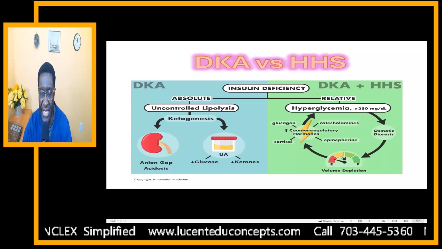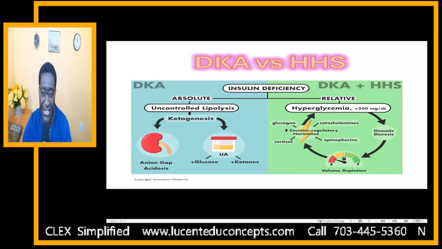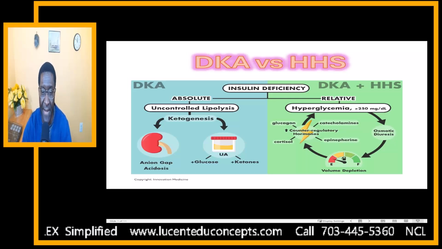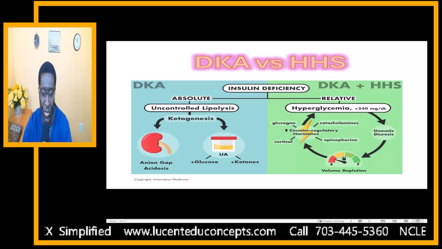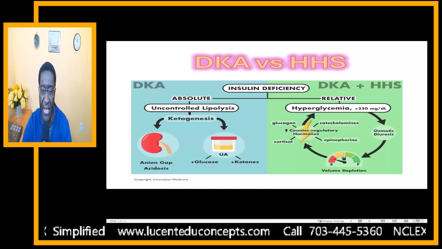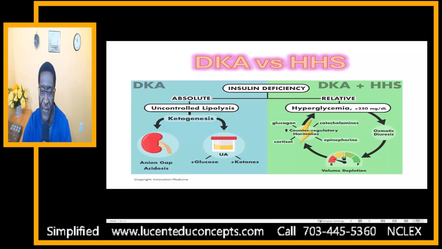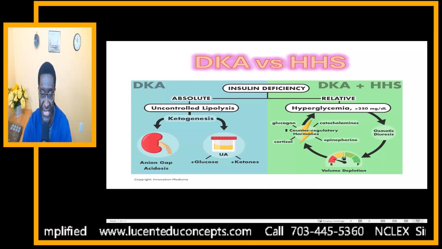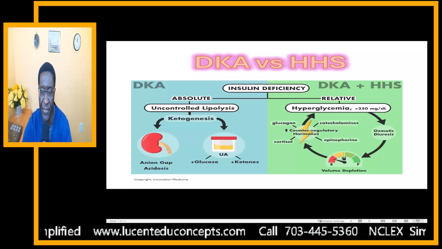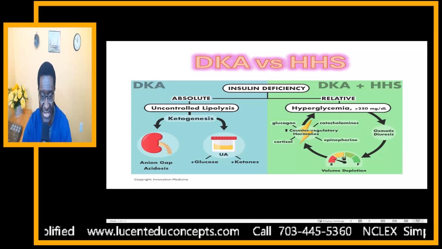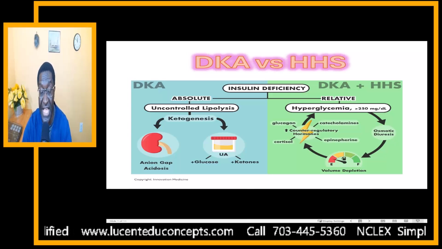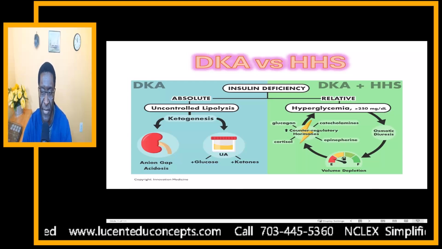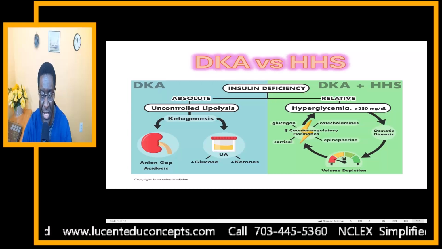Let's go to HHS. In the case of HHS, technically, the cells become very resistive to the use of insulin. Again, the insulin making its way into the cell, there's resistance to that. As a result of the resistance, you have increased levels of glucose in the bloodstream. That leads to the hyperglycemia.